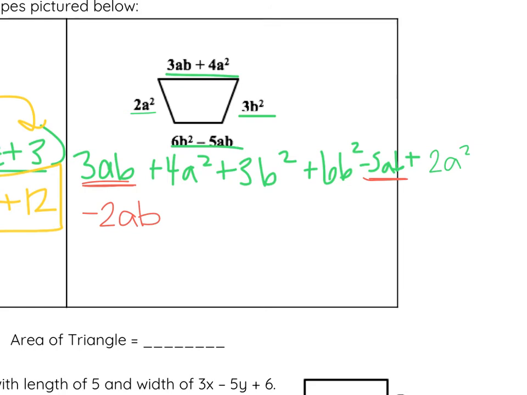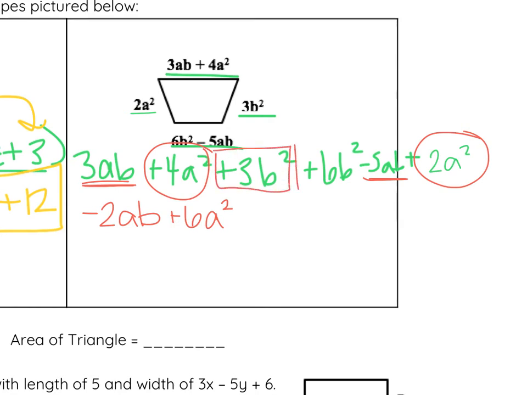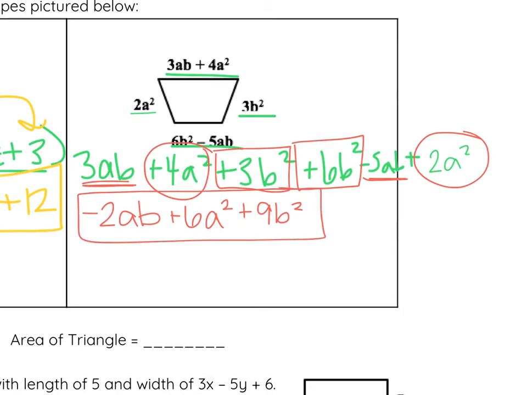Now we have 4a squared here, which would combine with the 2a squared, which would give me 6a squared. And then we also have 3b squared plus 6b squared, which gives me 9b squared. So that is my final answer for this problem.